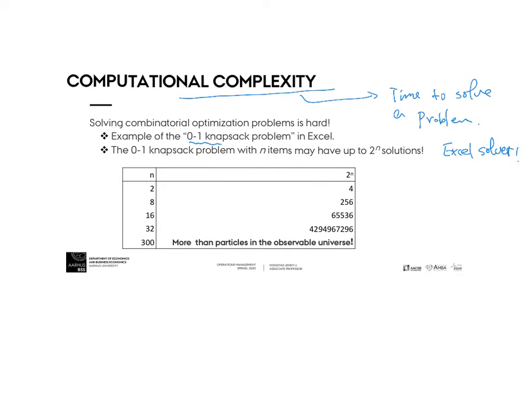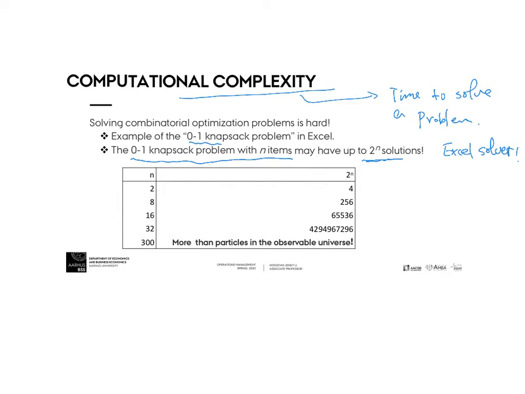The complexity for a 0-1 knapsack problem with n items is 2 to the power of n. That also means you need to check 2^n different possibilities. If this is the computation time you need, of course, the larger n is, the longer time you need to solve that. For example, when you have 2 items, then you have 4 solutions to check.